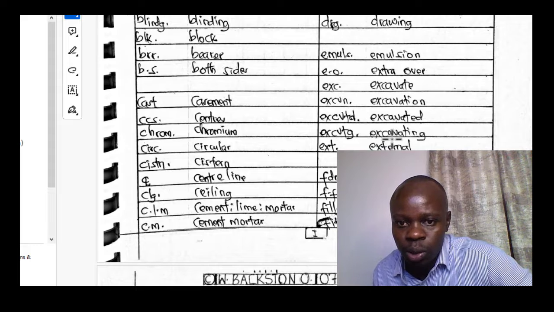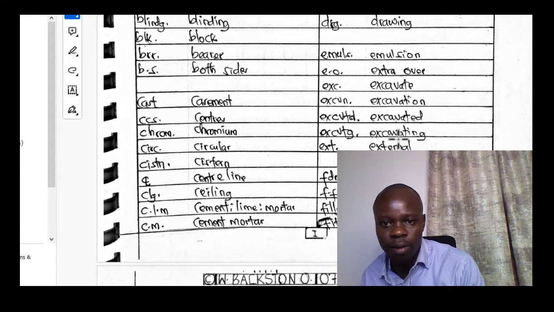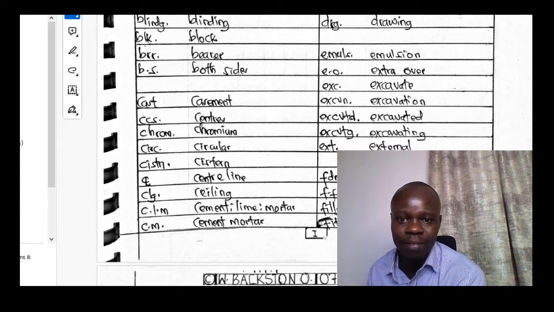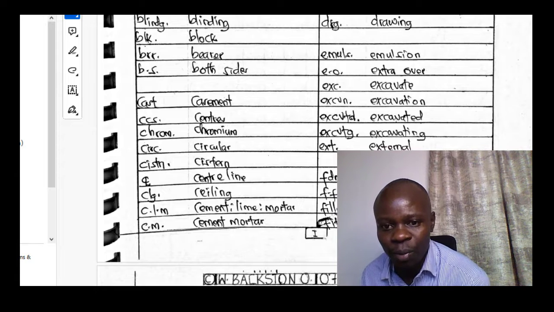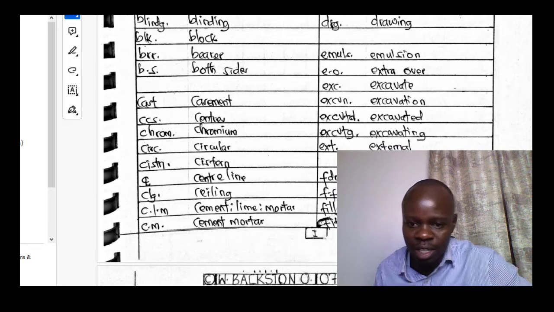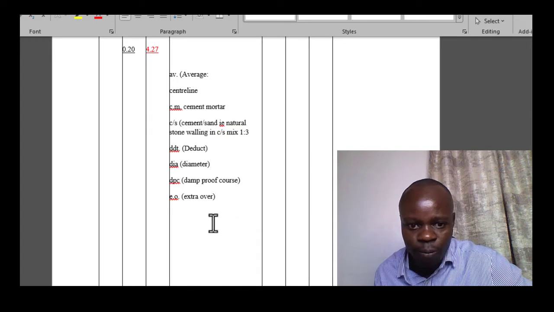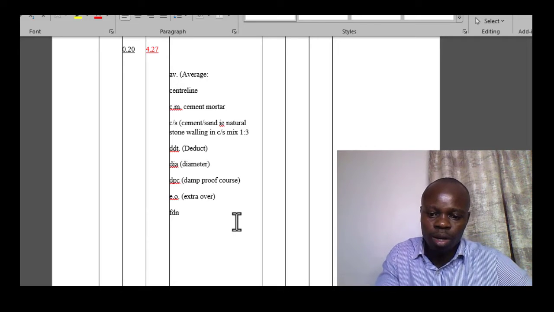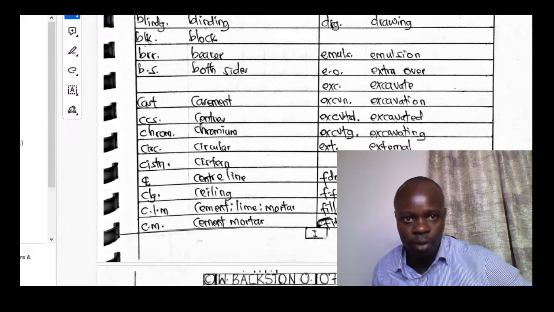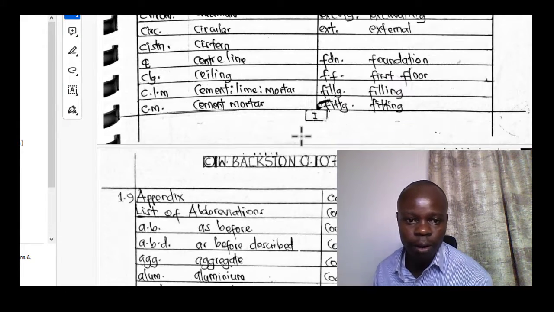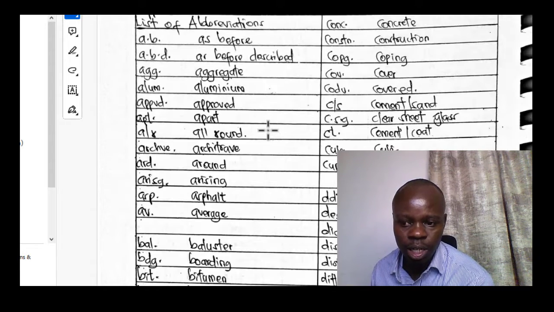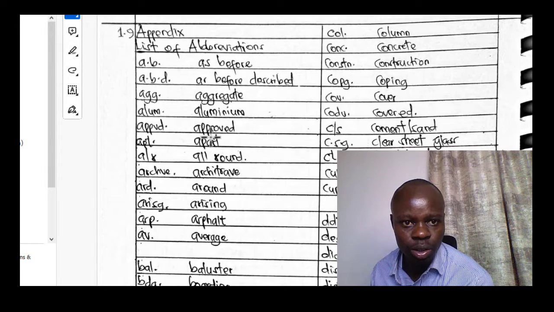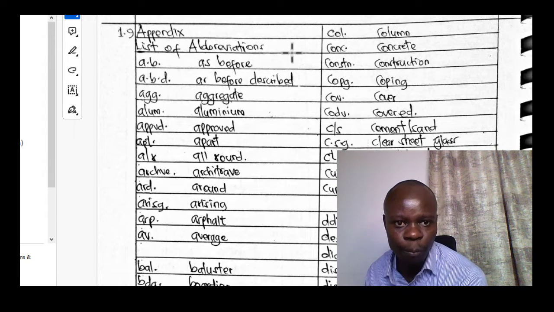Then let's see what we have next. Excavation, excavated, excavating, and then external. Okay, then you have foundation, FDN. So when you see that being used, then you know that it's talking about foundation. Okay, then let's see another one that is also applicable.